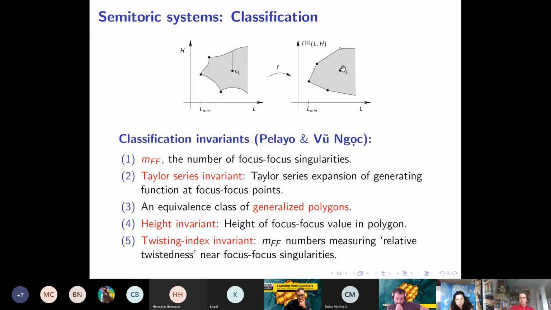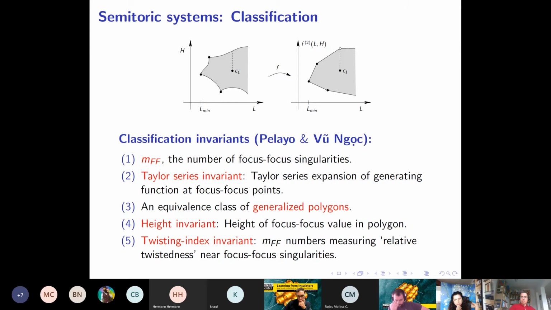So how locally this compares to doing this straightening out with action-angle coordinates. Technically, when you compare it to Delzant's classification, going from a polygon, you go up to five invariants. This is done for semitoric systems as they are defined.